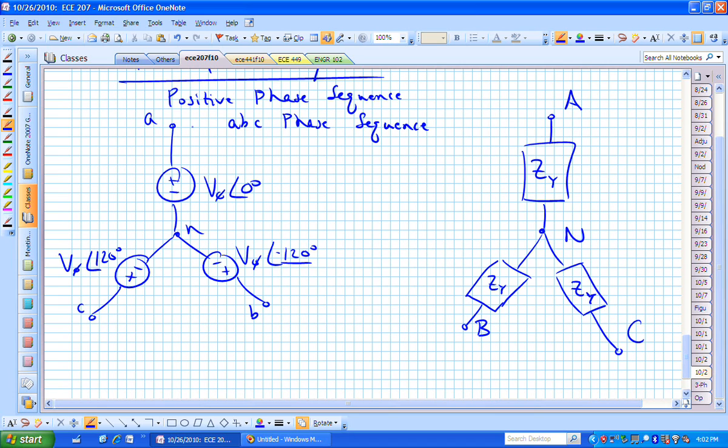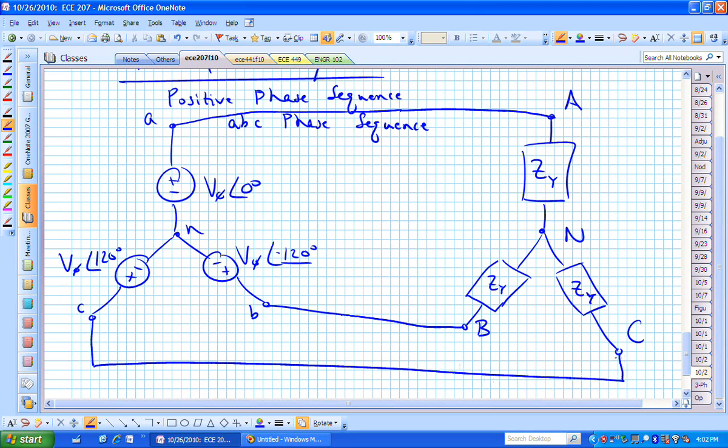Now I'm going to connect this A phase terminal on the source side to the load side. I'm going to connect my B phases, and I'm going to connect my C phases. And in case that rabbit we were chasing got caught and shorted something out, we want that current to go somewhere.